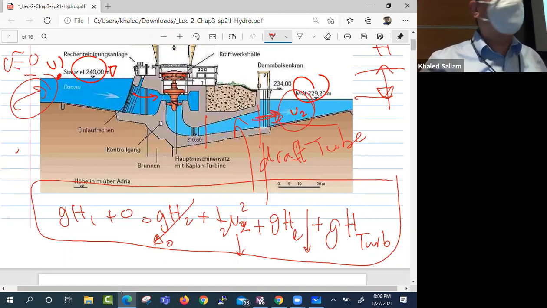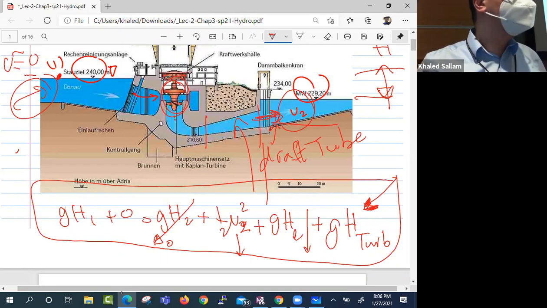And I can see how this V2 getting smaller makes the Bernoulli equation happy because you will have more available for this, right? But I don't really see how this affects this turbine. How does this velocity over here getting smaller or bigger make this turbine, where the actual action happens, any different?